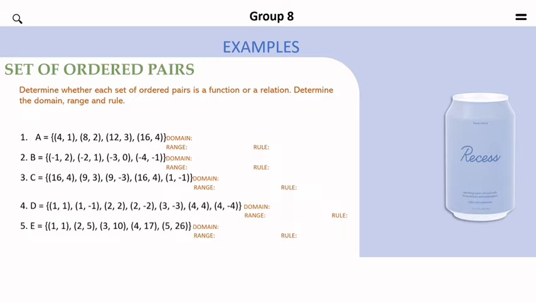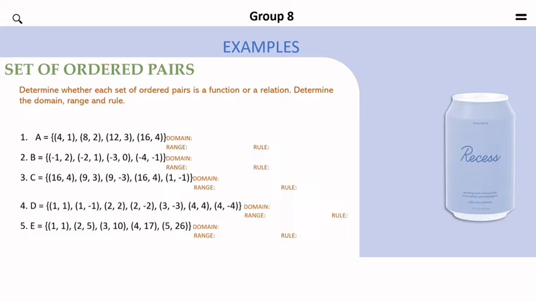Number 1. A is equal to (4, 1), (8, 2), (12, 3), (16, 4). Number 2. B is equal to (-1, 2), (-2, 1), (-3, 0), (-4, -1). Number 3. C is equal to (16, 4), (9, 3), (9, -3), (16, 4), (1, -1).